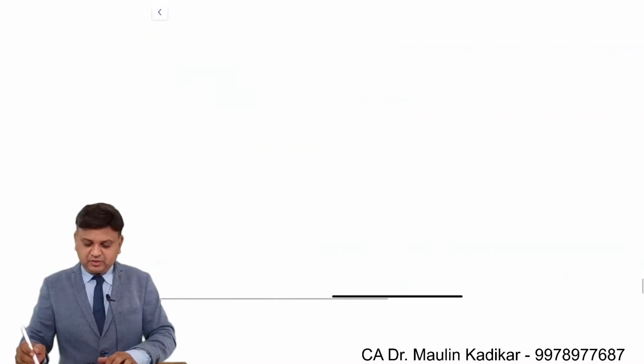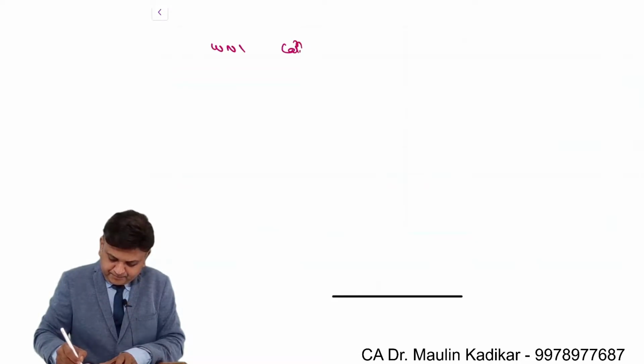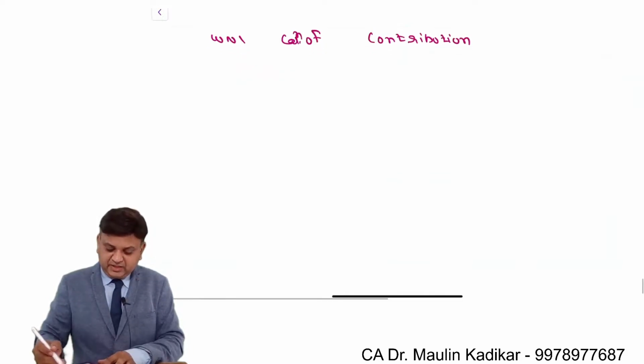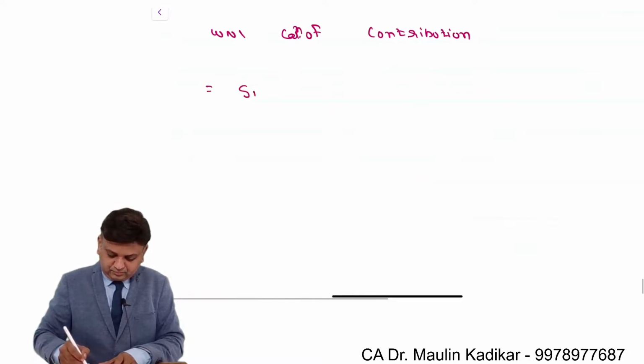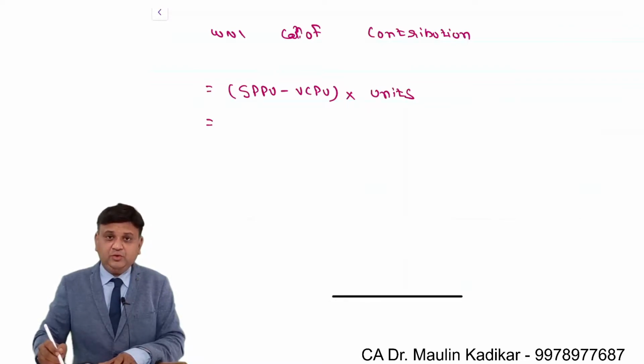So I request all of you to write down. Working note number 1, calculation of contribution. Selling price per unit minus variable cost per unit, into the number of units that we are going to produce and sell.